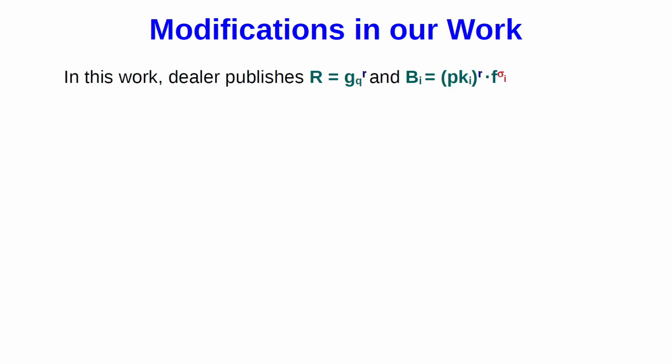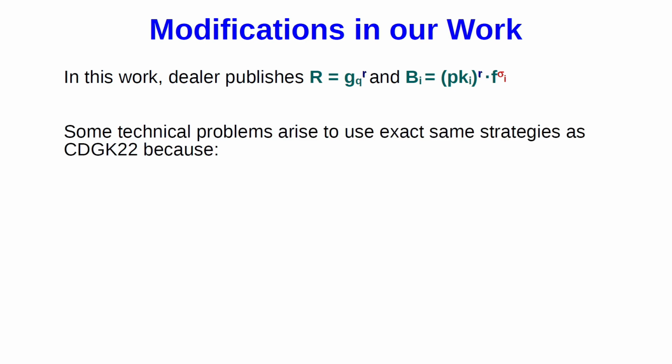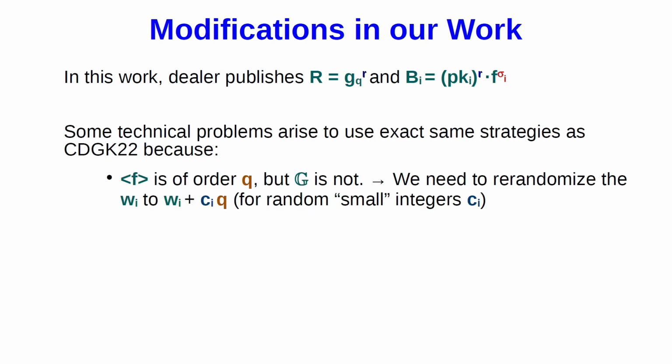Now, in our work, that doesn't quite work like that, because the problem is that even though the group generated by F is of order Q, not all the groups involved are of order Q. So that means that it's a bit subtle, but the adversary can cheat in this proof by multiplying the purported shares by some elements.